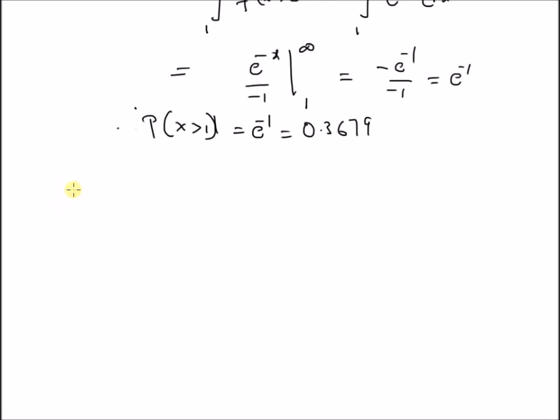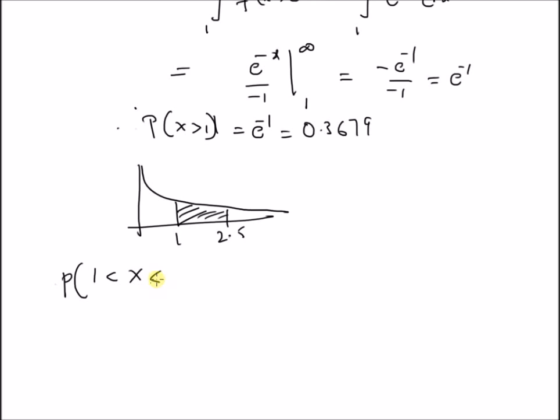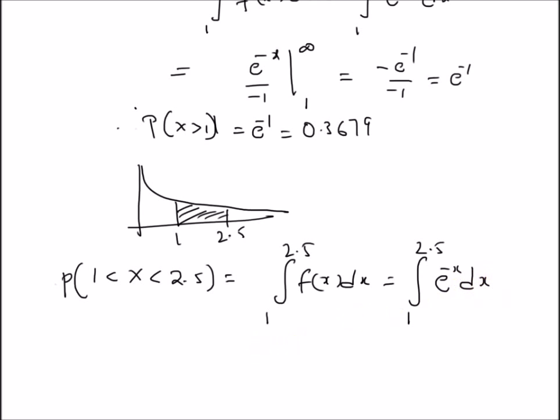Now let us look at the probability of an interval. Given this distribution, we want to find the area under the curve between these two points, 1 and 2.5. So this is equal to probability of 1 less than x less than 2.5, which is the integral from 1 to 2.5 of the probability density function, equal to integral 1 to 2.5 e power minus x dx.